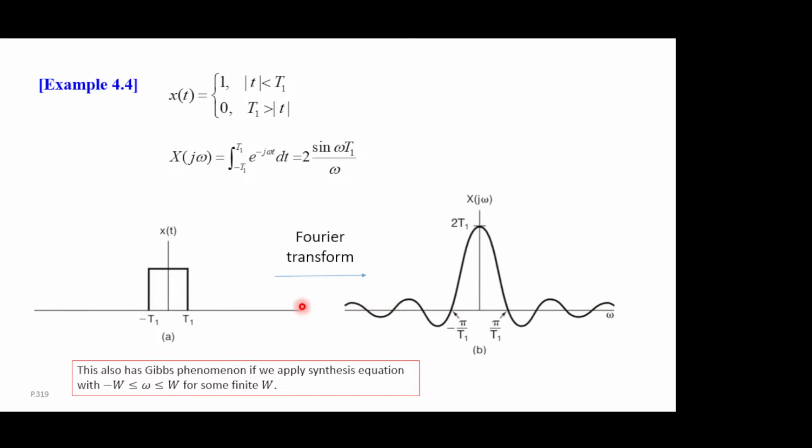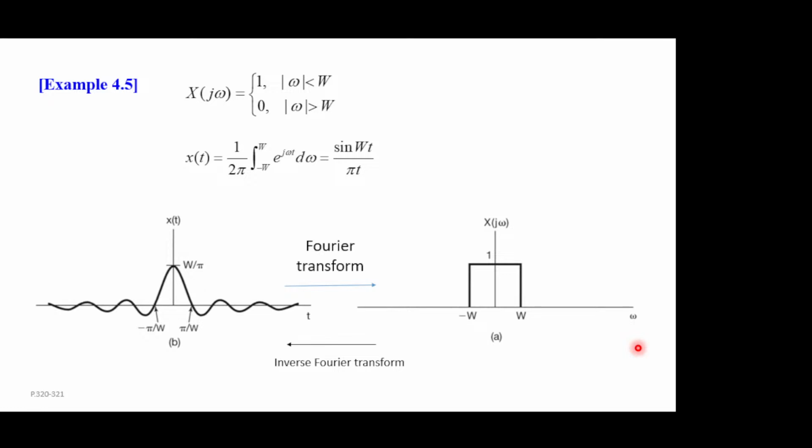If we chop off the integration from some finite value minus big W to plus big W, then you will see the Gibbs phenomenon here, so you will get some ripple of finite height. Finite height, but the width of the ripple will go to 0 as your big W goes to infinity. Okay? Question? Okay. Not? Then, yeah.